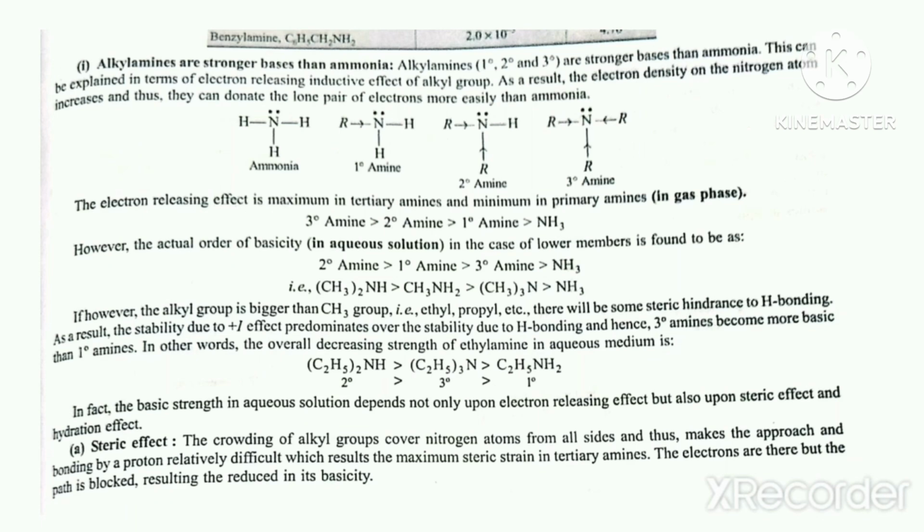So this is the trend: tertiary amine, secondary amine, primary amine and then ammonia. However, listen carefully, what happens in actual conditions? The actual order of basicity in aqueous solution in the case of lower members is found as follows.